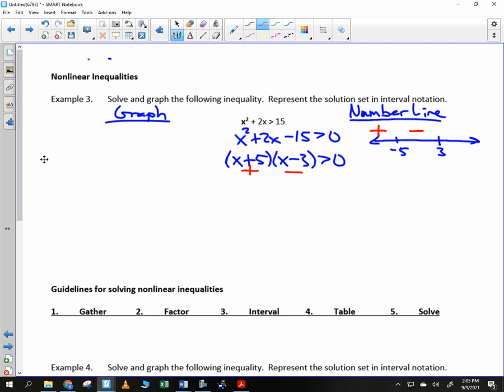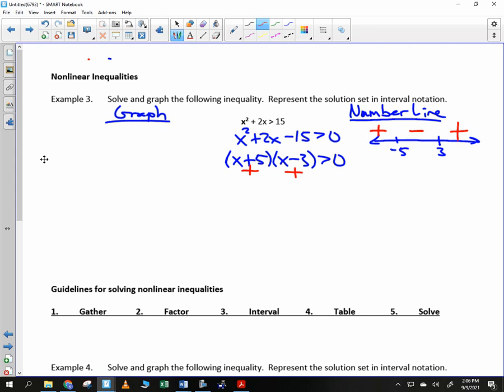All right, Trey, a number to the right of 3. 32, thank you. 32 plus 5? Positive. 32 minus 3? Positive. And a positive times a positive is? A positive. That helps us. Are we wondering where it's positive or where it's negative?